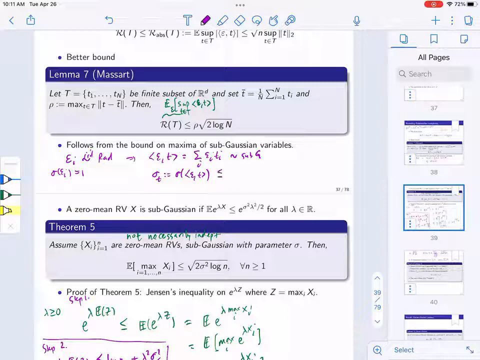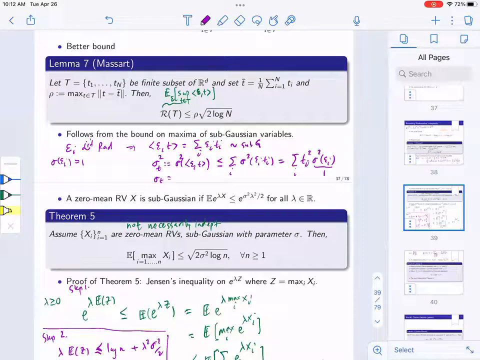Okay, yeah, because they're independent, the square of this is going to be bounded by the sum of the squares of the Subgaussian norms of these. And this is just going to be t_i squared times the Subgaussian norm of epsilon i, which is 1. So sigma t is bounded by the norm of t. The square is bounded by the L2 norm. So individual ones are bounded by this, and then this is further bounded by rho.